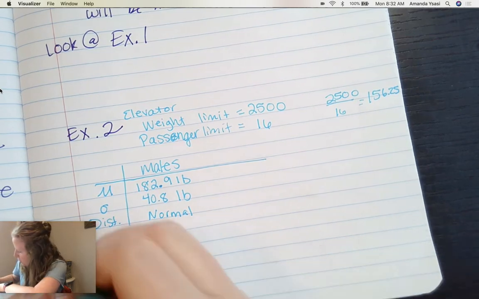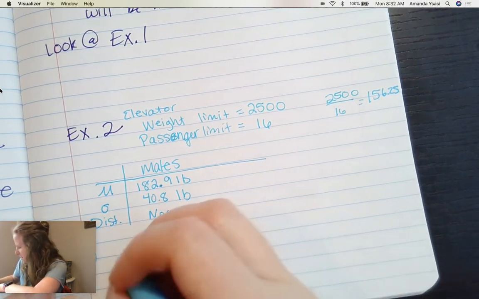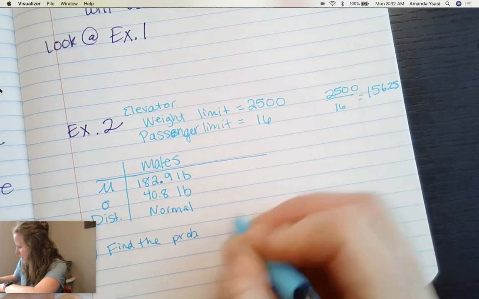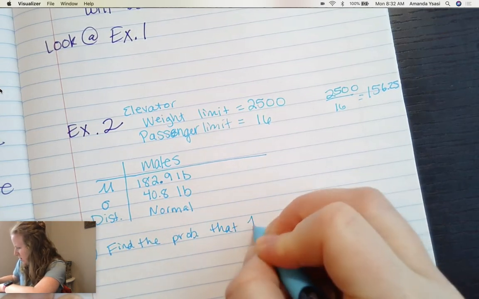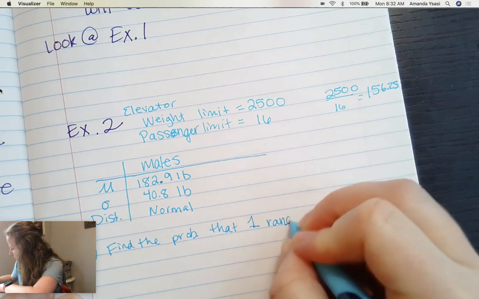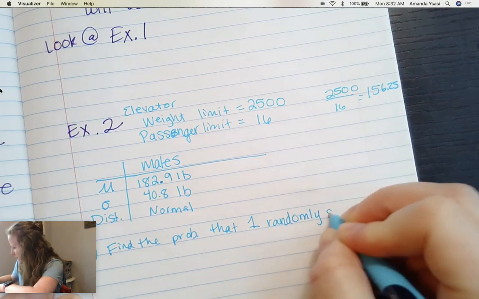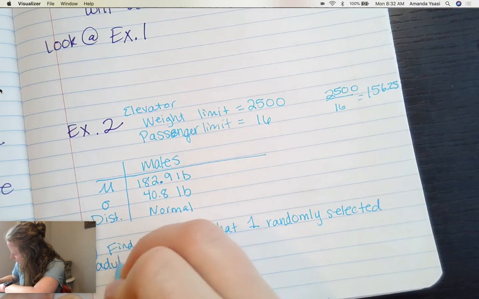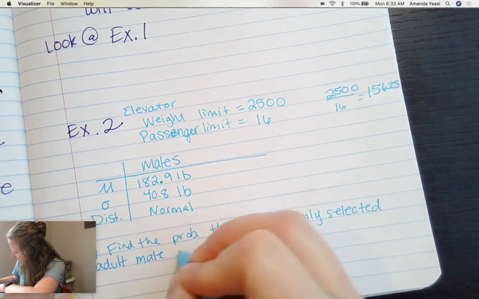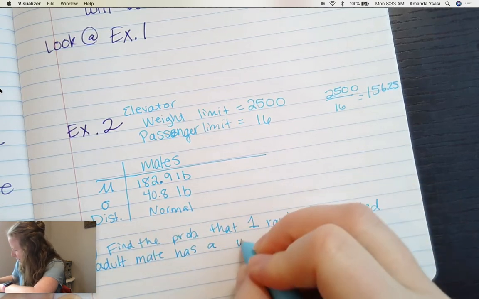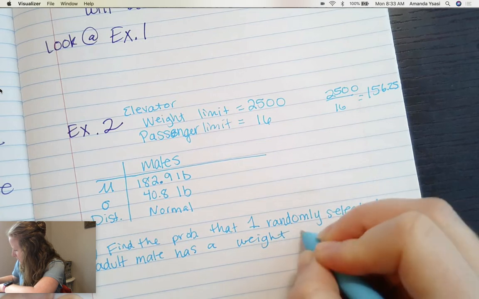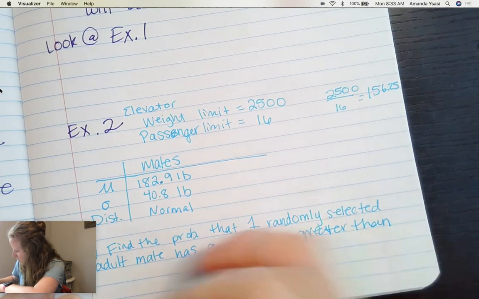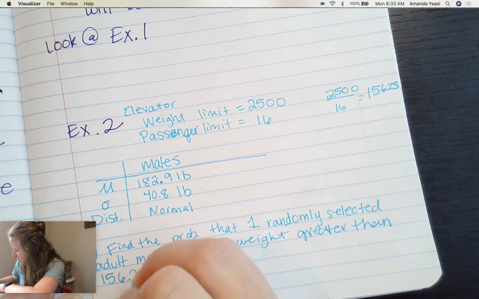Okay, so our first question is find the probability that one randomly selected adult male has a weight greater than 156.25 pounds.